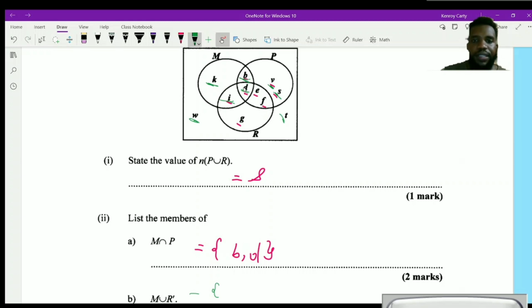Keeping it in alphabetical order, I'm going to have B, D, I, K, S, T, V, W. And that would be it.